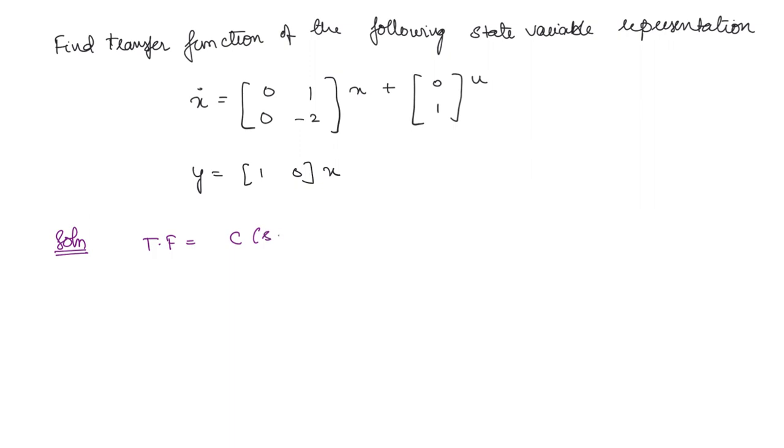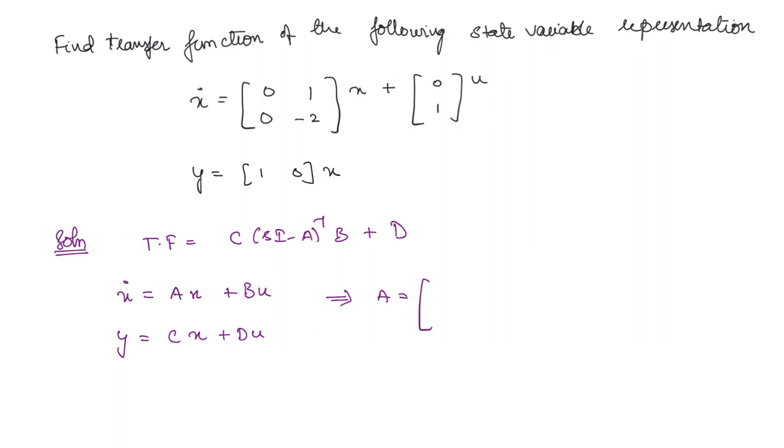C into (sI minus A) inverse B plus D. So first you have to identify what is A, B, C and D. We know that X dot is equal to A times X plus B times U, and Y is equal to C times X plus D times U. So comparing with the given equations, what are you going to get?